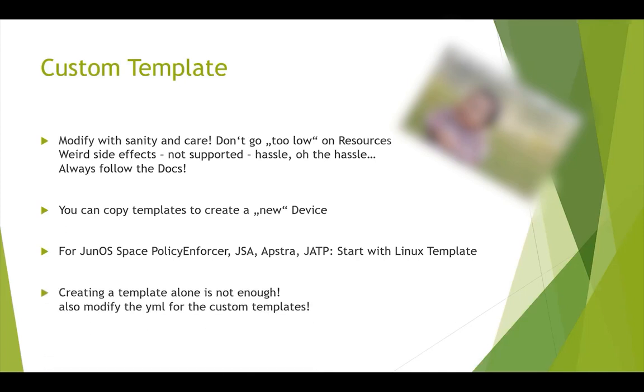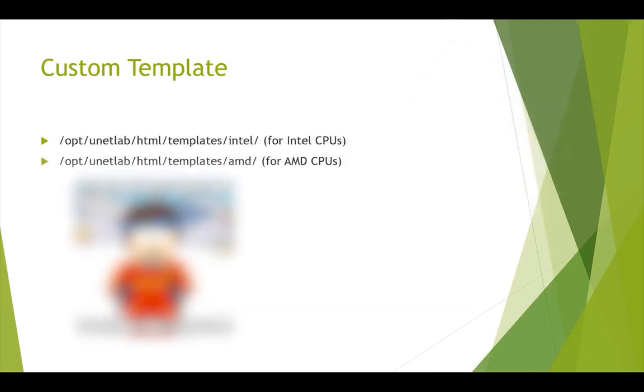And creating the template alone is not enough. You also need to modify a YAML file for the custom template, but I will show in just a minute how to do that. This is a slide that I already had in session 2, because it depends on what type of server you're running EVE on. If you have an Intel CPU in your server, the templates Intel folder is the one you want to use.